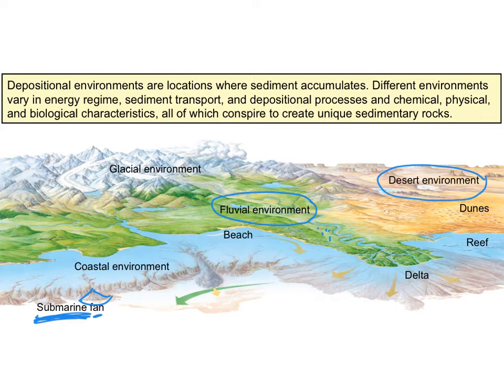You can, of course, have beach sands, so environments in the shallow oceans where sand is accumulating, where you might get ripple marks like we've discussed. Reef systems are another place where you might develop chemical sedimentary rocks, as well as biochemical sedimentary rocks and clastic sedimentary rocks. So what I'm briefly going to do here is walk you through some of these environments and discuss the different types of sedimentary rocks that might form in each.